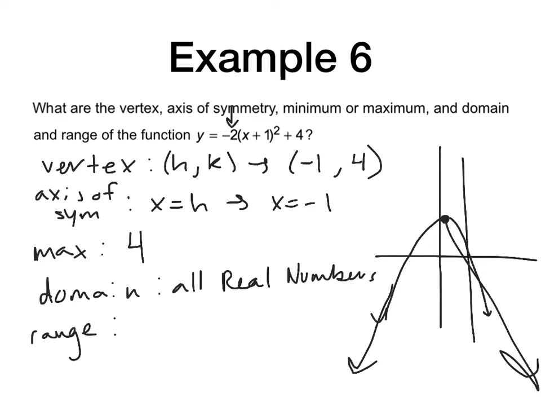So our range, starting at the bottom, our graph goes to -infinity. And where does it stop at? So we're going from the bottom up, and our graph stops here. So what did we say that value was? 4.